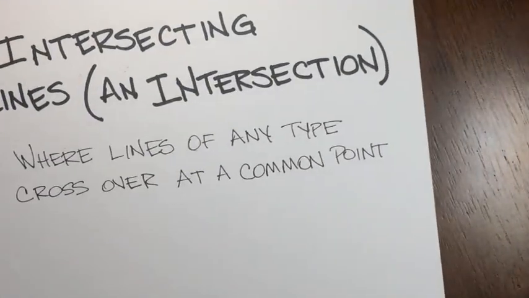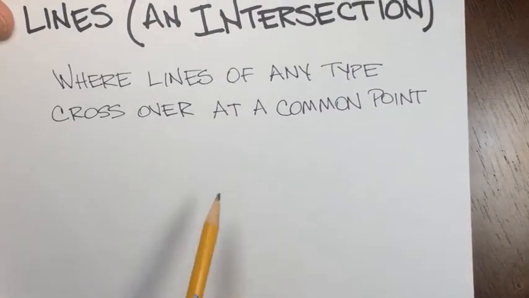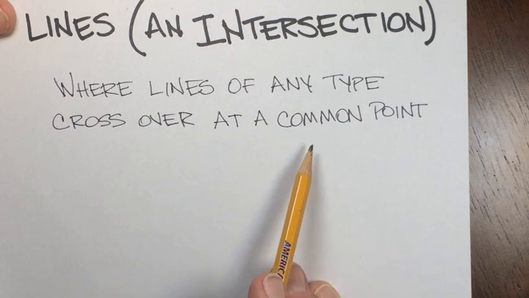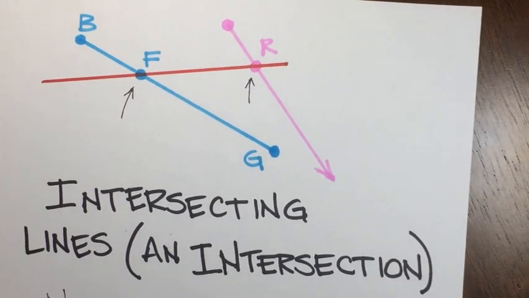Then we have intersecting lines, or an intersection. This is where lines will cross each other at a common point. Common means they share it. So here we have intersecting lines.